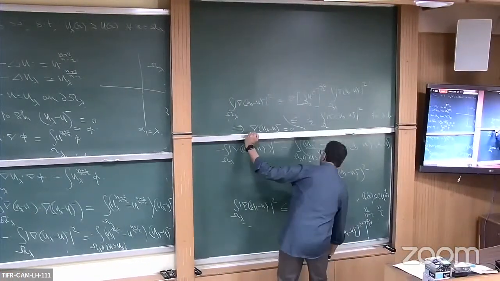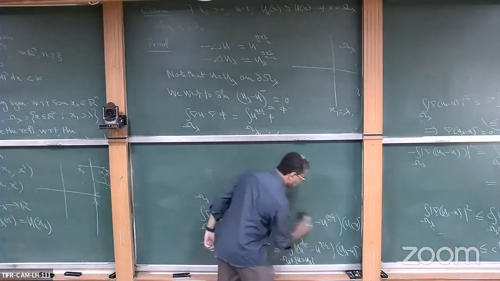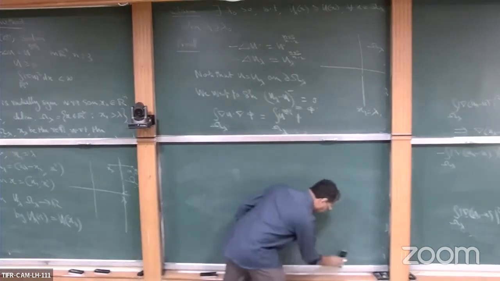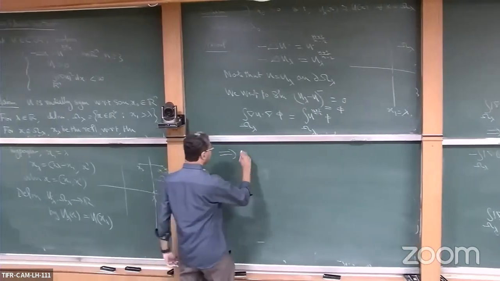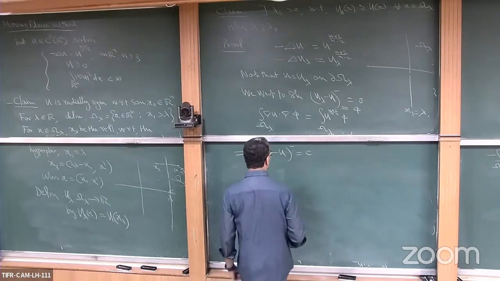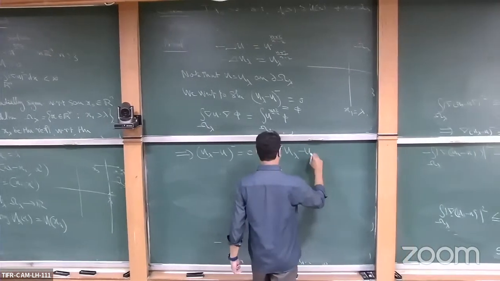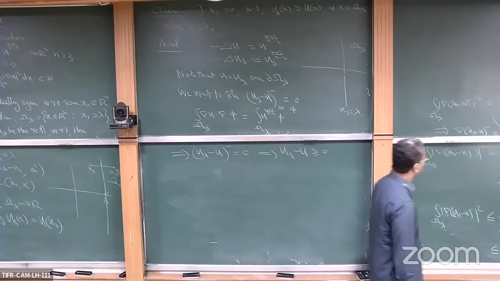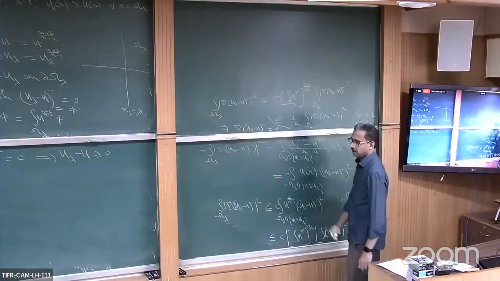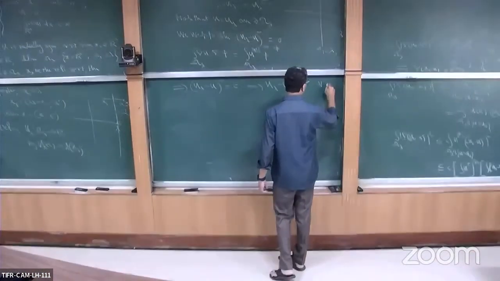That means u lambda minus u minus is going to be 0, that is, u lambda minus u is greater than or equal to 0. This is true for lambda large, or when lambda is greater than or equal to some lambda. So that shows that u lambda minus u is greater than or equal to 0 for every lambda.